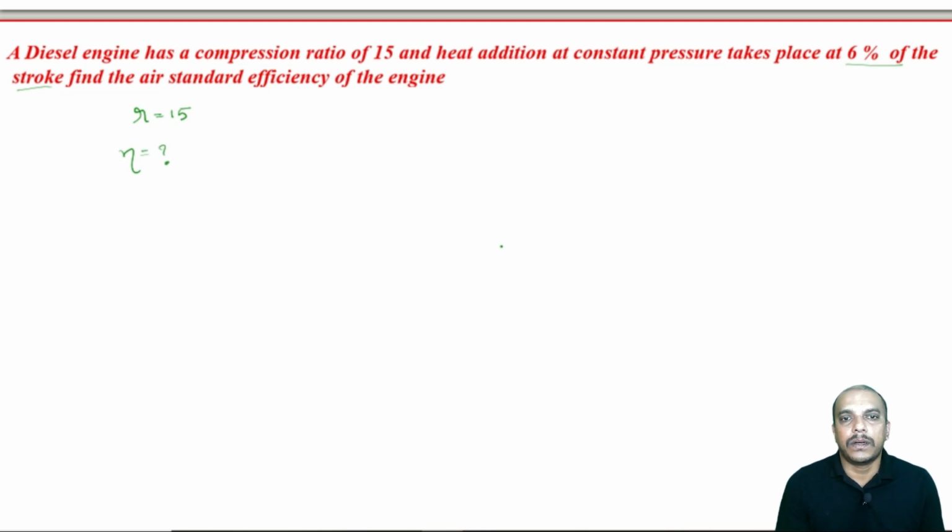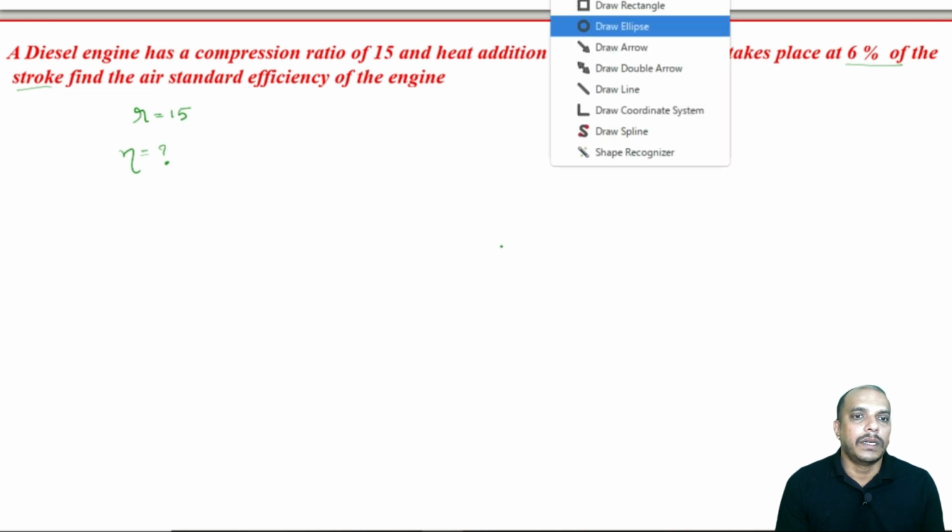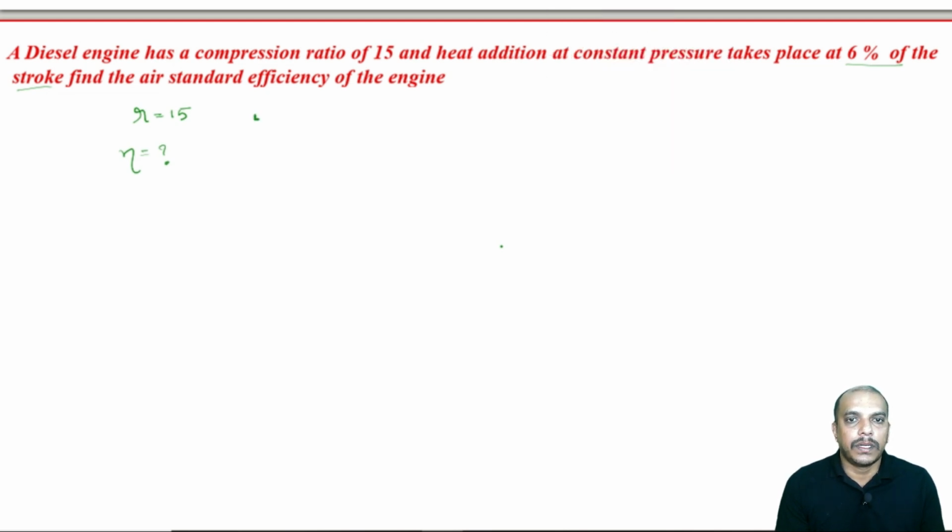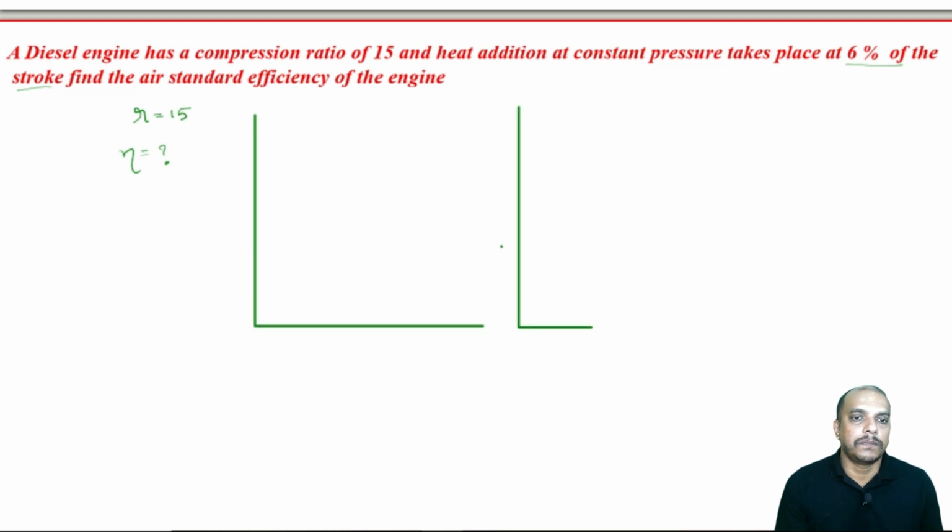Now, how do we start this problem? Let us write the PV and TS diagram for a diesel engine. We know that this is a constant pressure heat addition cycle.